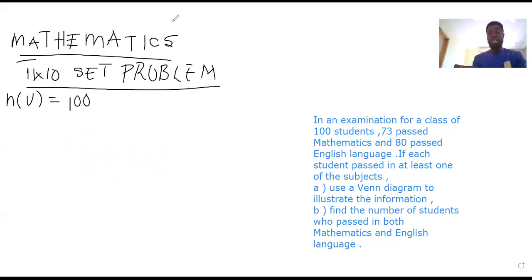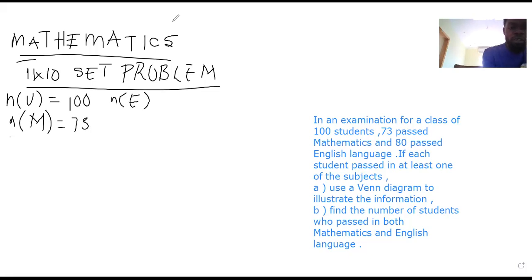So the number of students who passed in mathematics, that is 73, okay? And 80 passed English language. So the number of students who passed in English language, that is 80, right?